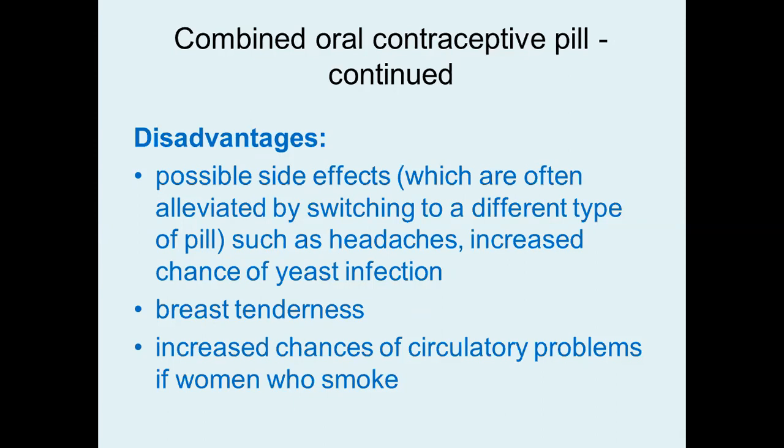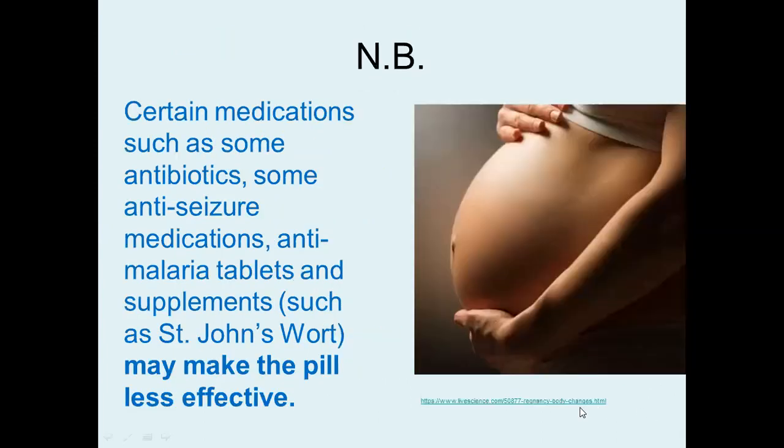If women do smoke, in women who smoke, there's a link between these two. But in any case, women who smoke have a much higher chance of having circulatory system problems.